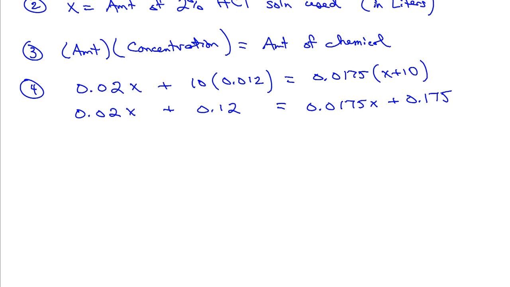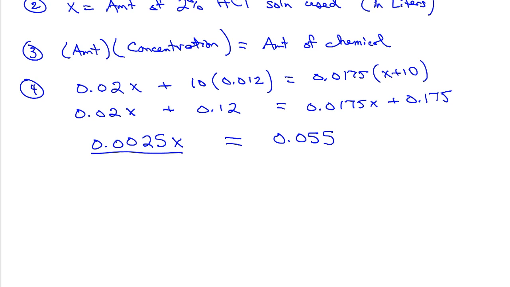I'm going to move the 0.0175x from the right side to the left. When I do that, I subtract it from 0.02x. This is going to be 0.0025x. Next, I take the 0.12 from the left, move it to the right, and subtract, and I get 0.055.